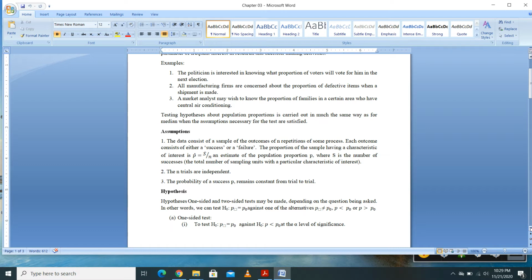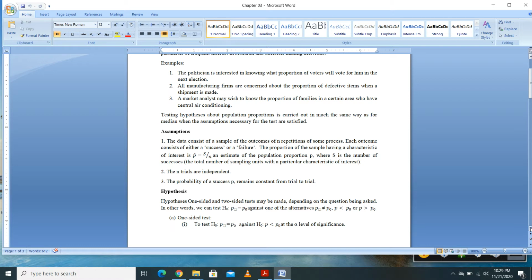So when you take those 10 observations, you should be able to classify each observation as a success or a failure if you want to apply this binomial test. What we do is look at the sample, count the number of successes in the sample, and divide it by the sample size.